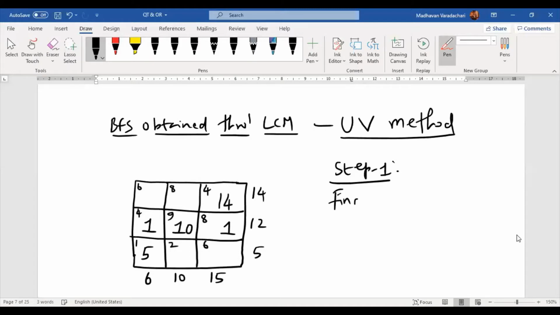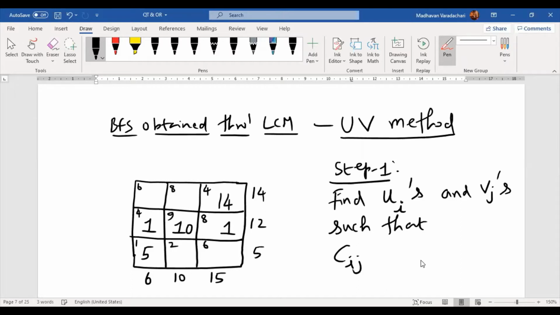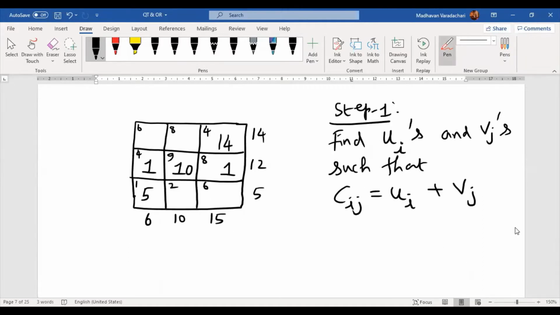Step 1: find Ui's and Vj's such that Cij is equal to Ui plus Vj, considering U1 equal to 0.